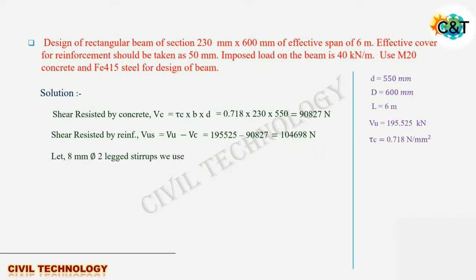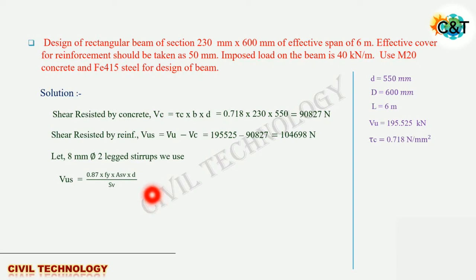For this shear force we have to calculate the stirrup. I select an 8 mm diameter, 2 leg stirrup, and the formula is 0.87 times fy into Asv multiplied by d divided by Sv.